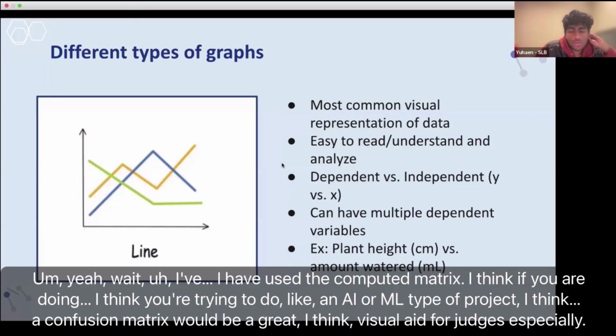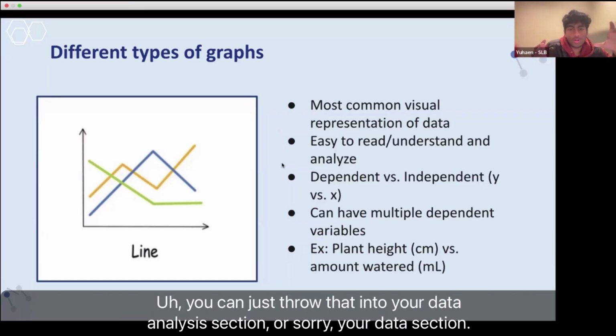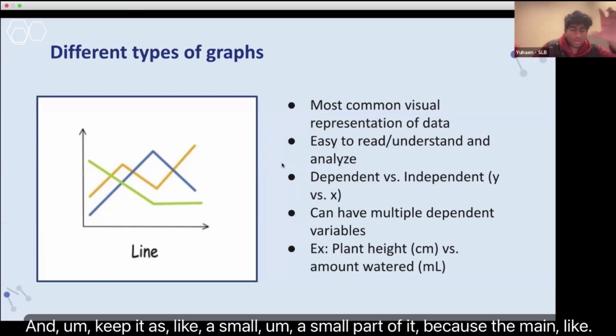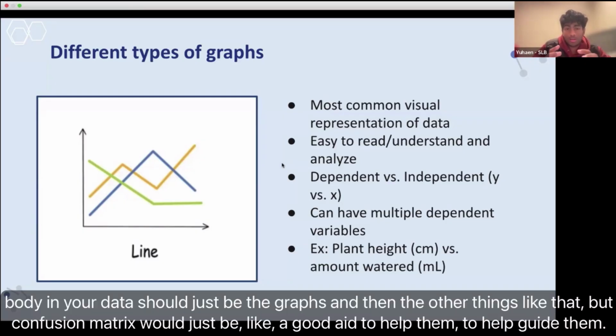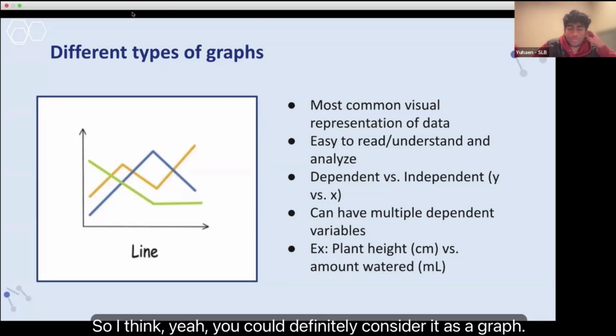I think a confusion matrix would be a great visual aid for judges especially. You can just throw that into your data section and keep it as a small part of it, because the main body of your data should just be the graphs and other things like that. But a confusion matrix would be a good aid to help guide them. So I think you could definitely consider it as a graph.